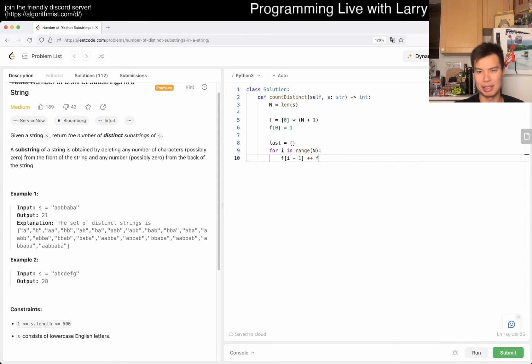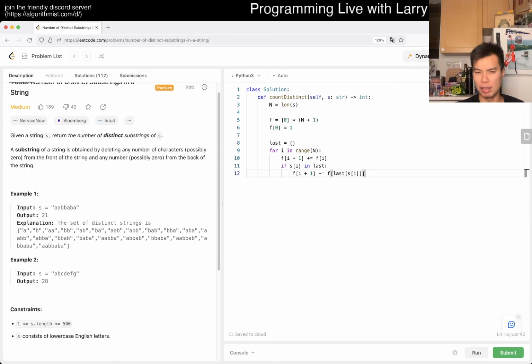So this is going to be something like this. And then F of I plus 1, we want to subtract it from the last time that we've seen this. So if S sub I is in last, then it's going to be F sub S sub I, last of this.